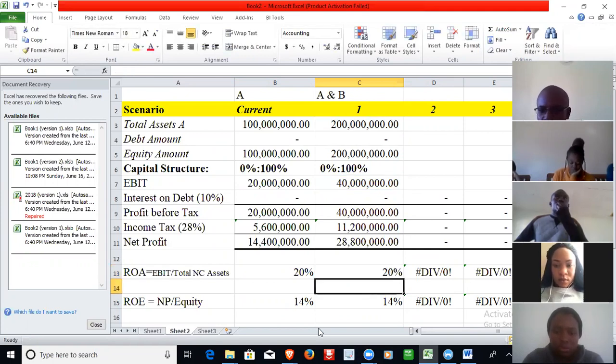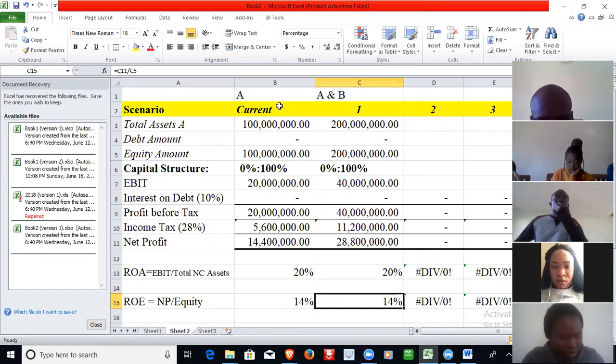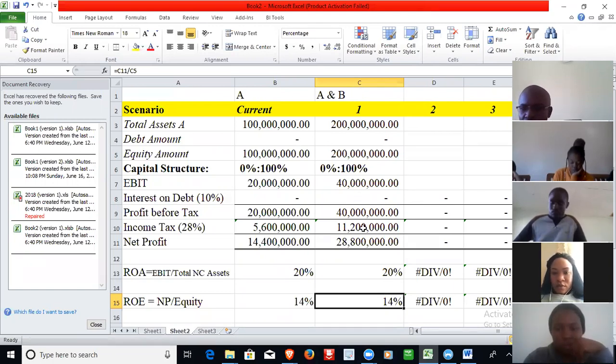Then return on equity, still shareholders, whether they've invested in asset A, and again now asset B, they've put everything that they have, they'll still be getting what? 14%, right together.